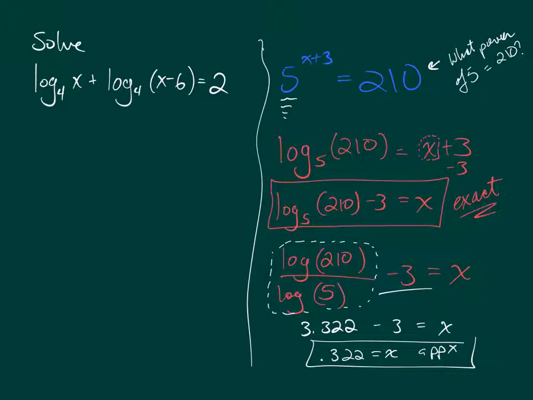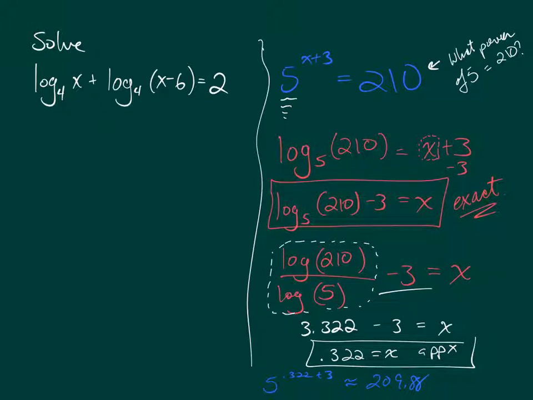Now, what does this mean? You could substitute this 0.322 in here for x and get 5 to the 0.322 power plus 3, and that should be close to 210. It's not going to be exactly equal to 210 because we rounded. I only rounded to 3 decimal places. So I'm going to do that off video and come back with a result.